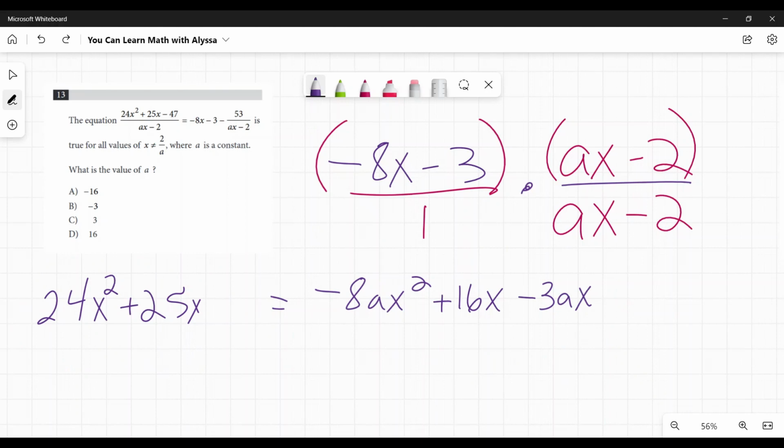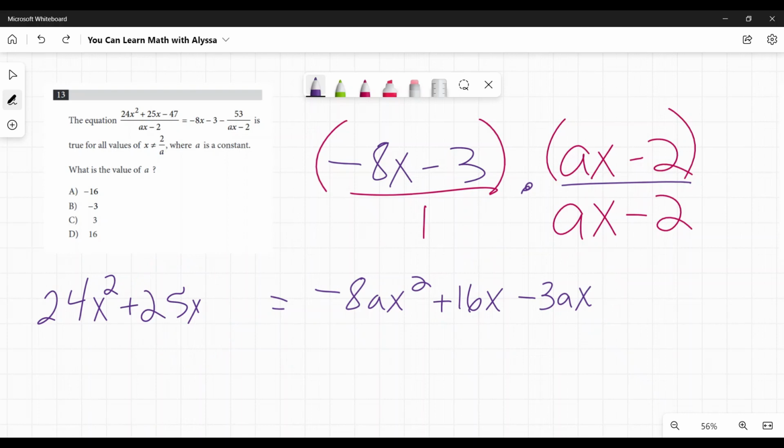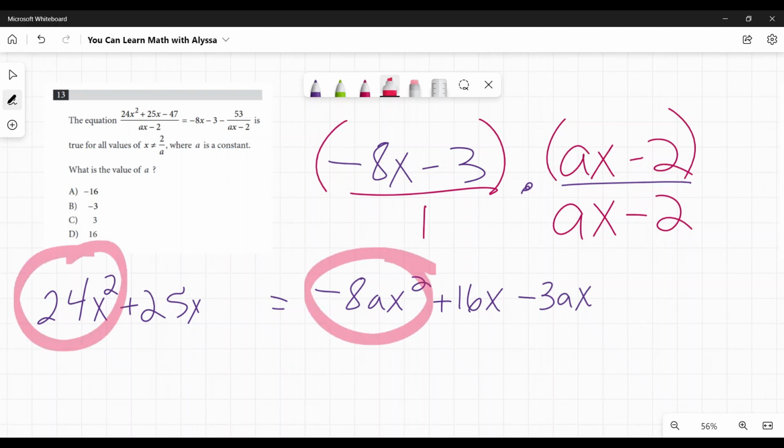That also means that each term, if you're talking about powers, the x squareds are equal to each other, and the x's are equal to each other, because those negative 47s were equal. If something funky were going on, those constants would have been different. So all you have to do at this point is look at these two and set them equal to each other.